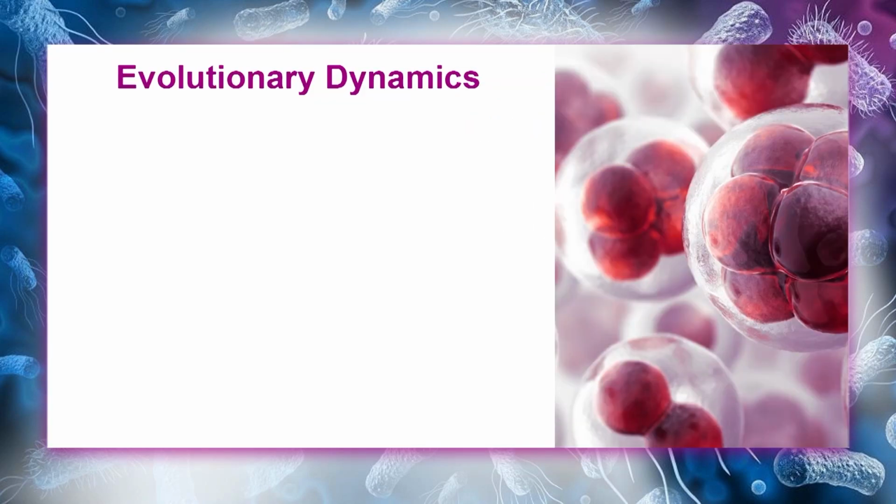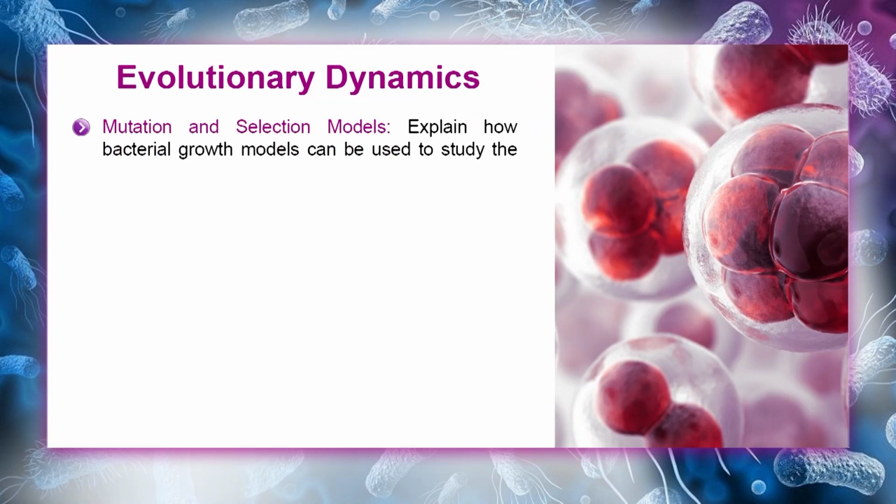In evolutionary dynamics, mutation and selection models explain how bacterial growth models can be used to study the evolution of antibiotic resistance and its traits. Imagine you have a collection of colorful marbles and you want to find the rarest, most unique one.